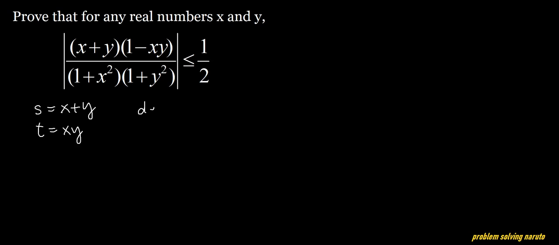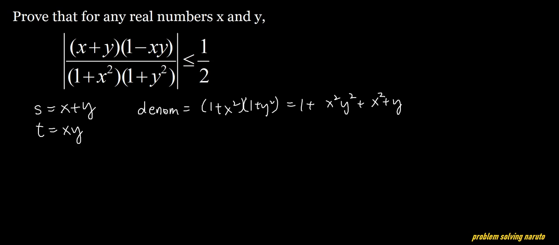If you expand the denominator, you get, okay, this I can make it t squared. But what about this? Well, remember in that video I told you that any symmetric polynomial is always expressible uniquely in terms of the elementary symmetric polynomials.